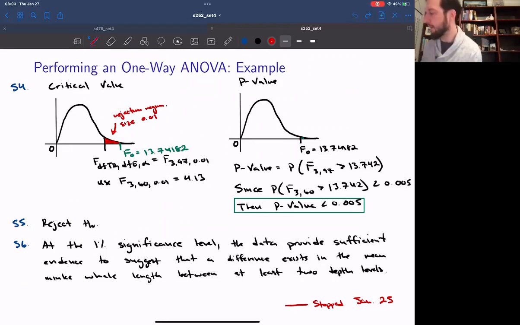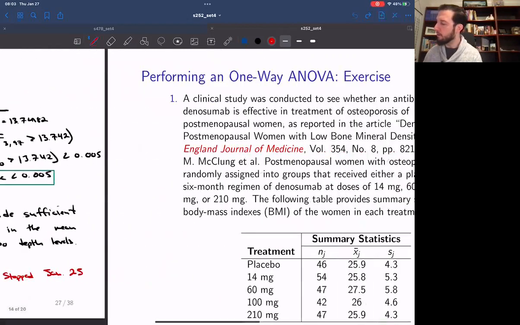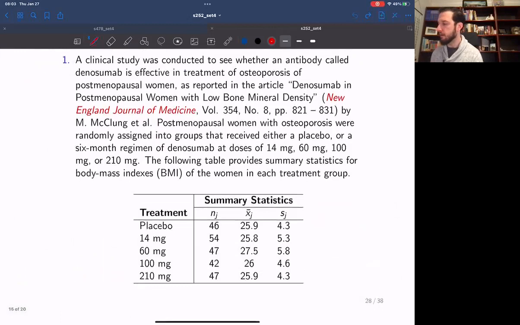We're going to look through another example now of a one-way ANOVA, but this time we're going to start from just the raw data or from the summary statistics that are given below. So in this example, a clinical study was conducted to see whether an antibody called denosumab, I haven't learned how to pronounce that yet, which is kind of sad, is effective in the treatment of osteoporosis of postmenopausal women as reported in the article given below.